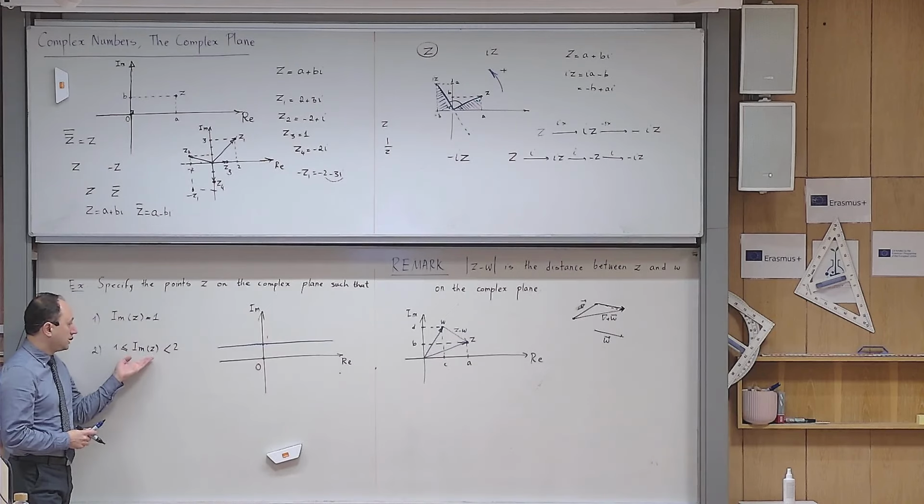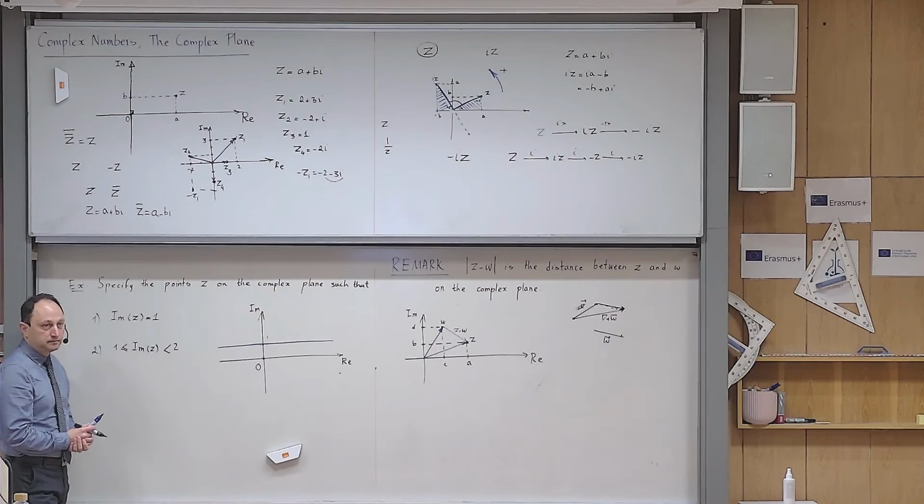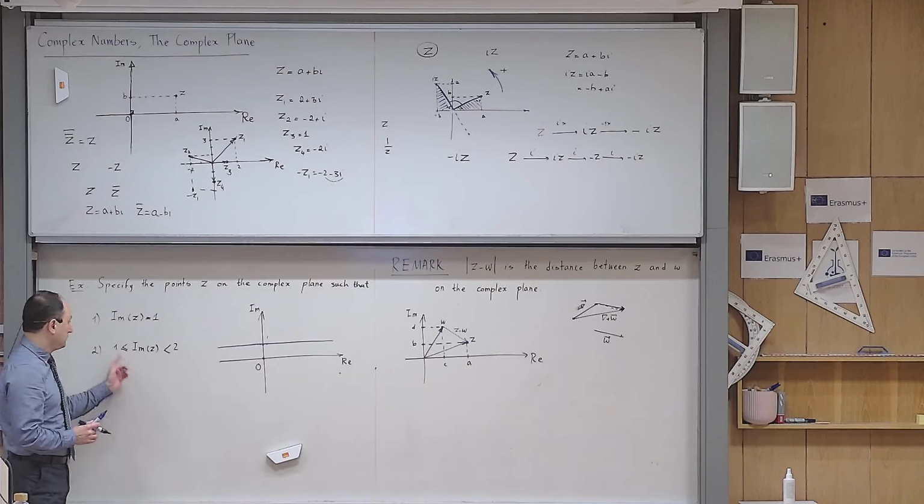So what do you think this double inequality represents on the complex plane? Yes? Everything between the first horizontal line of 1 and 2. Yes, between 1 and 2.